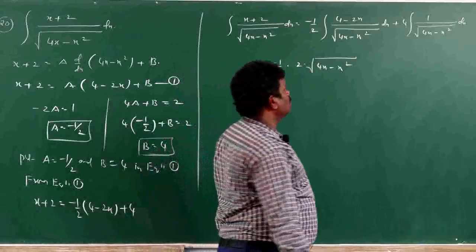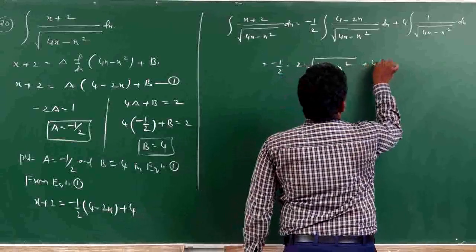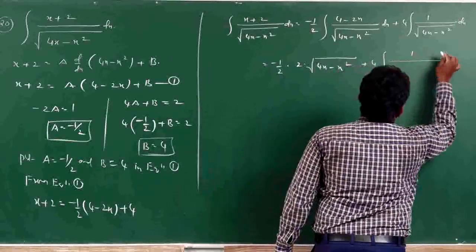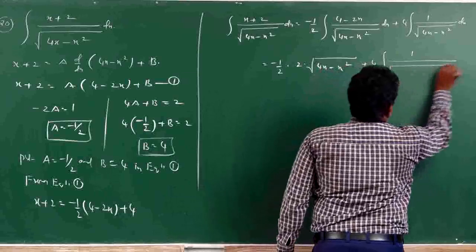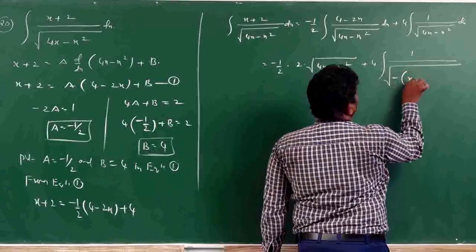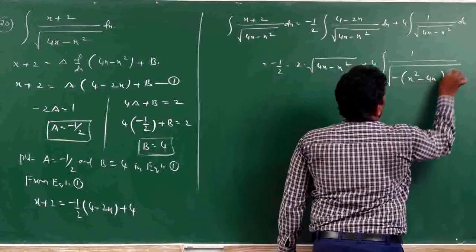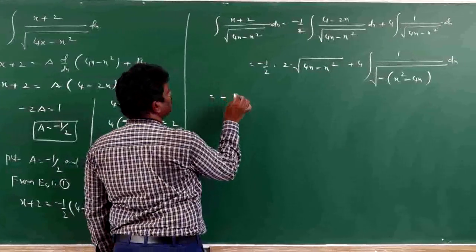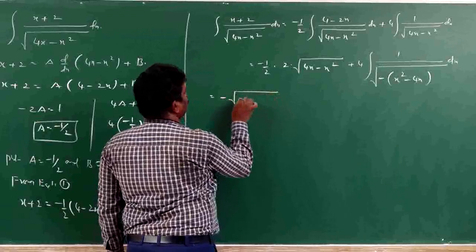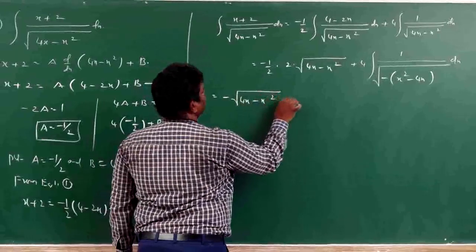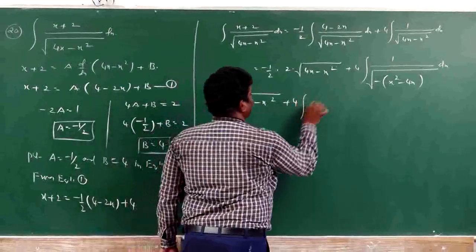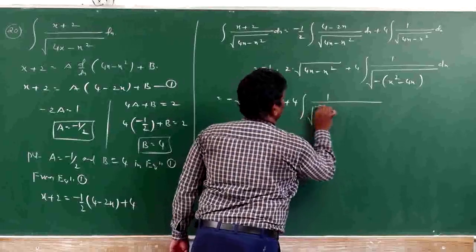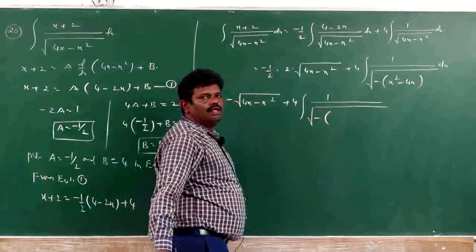That formula, plus 4 into the integral, again needs simplification: square root of, taking minus common, minus x square minus 4x, dx. Then that is equal to minus square root of 4x minus x square plus 4 integral 1 by square root of minus half x square.